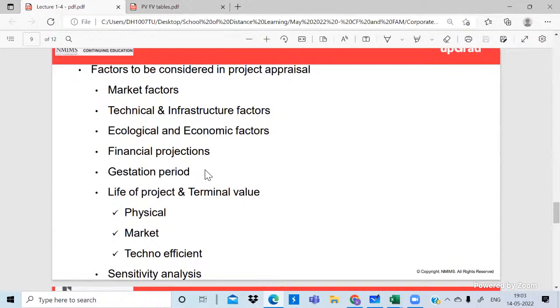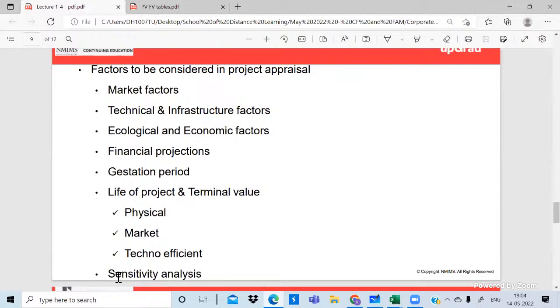So depending upon the time frame that will be required for the infrastructure to be ready, you'll get an approximate idea for the gestation period, for how long the project will continue. That's the life of the project. And we said that that will be the lowest of these three, which is the physical life, the market life, and the techno-efficient life. And again, terminal value will play an important role in calculating the cash flows.